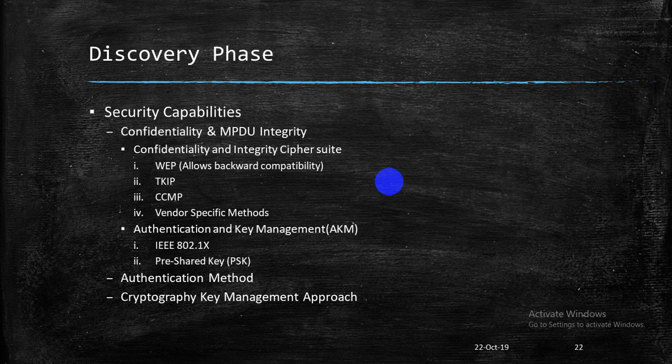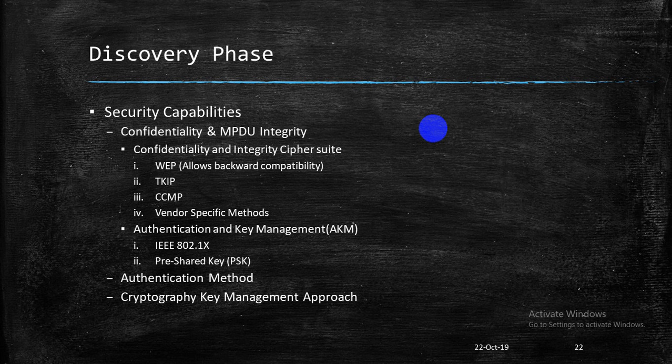Let's talk more briefly about the discovery phase. Here in the discovery phase, we need to look at the security capabilities, the confidentiality which is needed. Several security protocols are used.